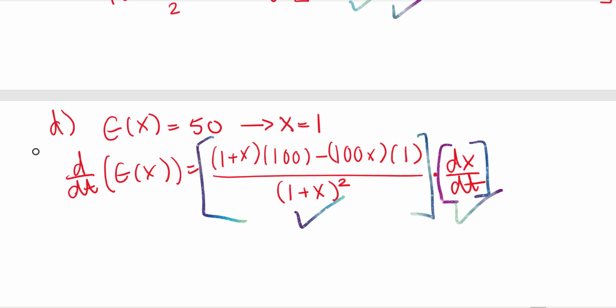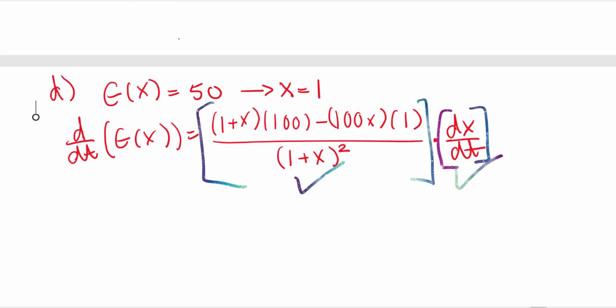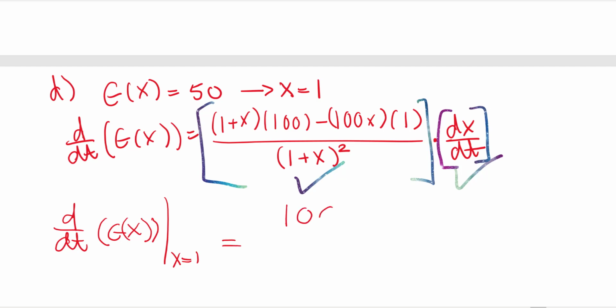Now, to get the final answer, we want to plug in our values. So we want this at x equals 1, right? So d/dt of g of x at x equals 1 would be equal to 100 over 1 plus 1 squared.